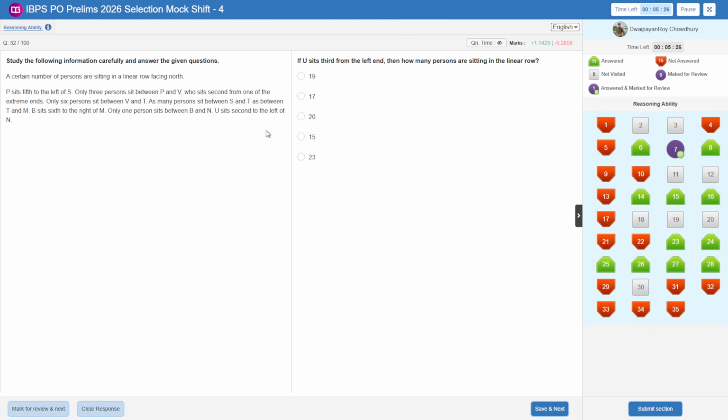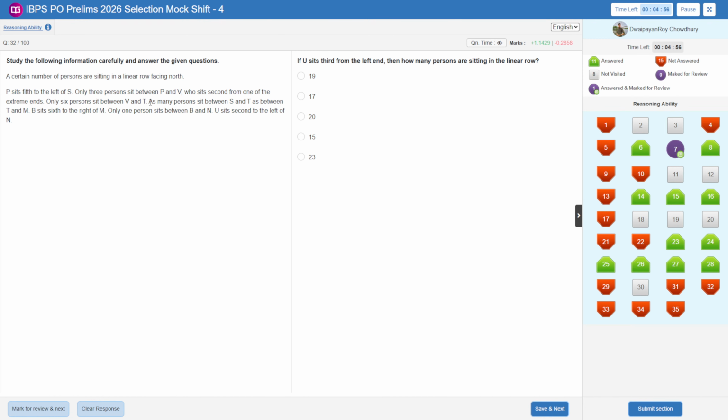Again, P sits fifth to the left of S. Only 3% between P and V, who sits second from one of the extreme ends. Only 6% between V and T: 1, 2, 3, 4, 5, 6. As many percent between T and S: 1, 2, 3, 4, 5, 6, 7.